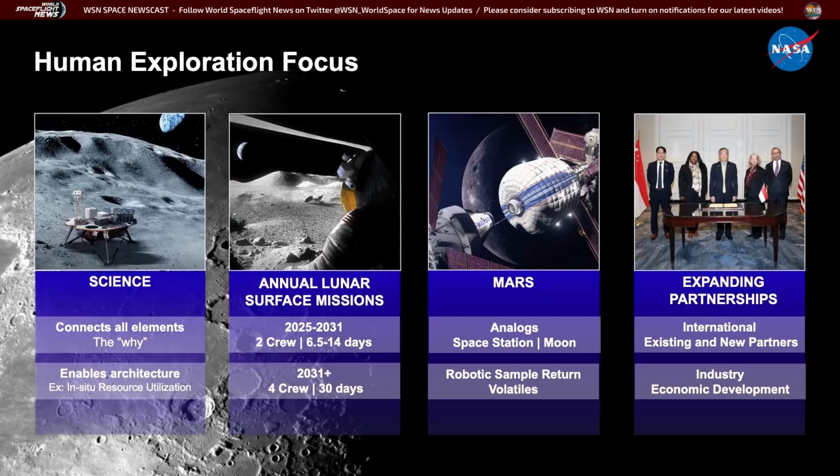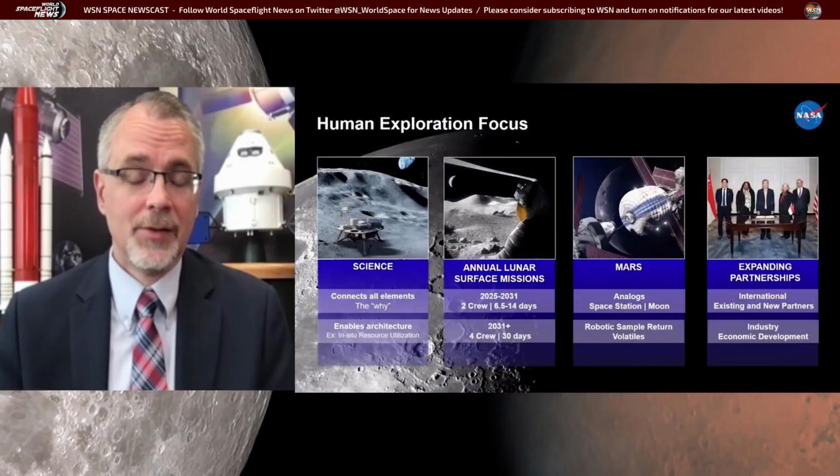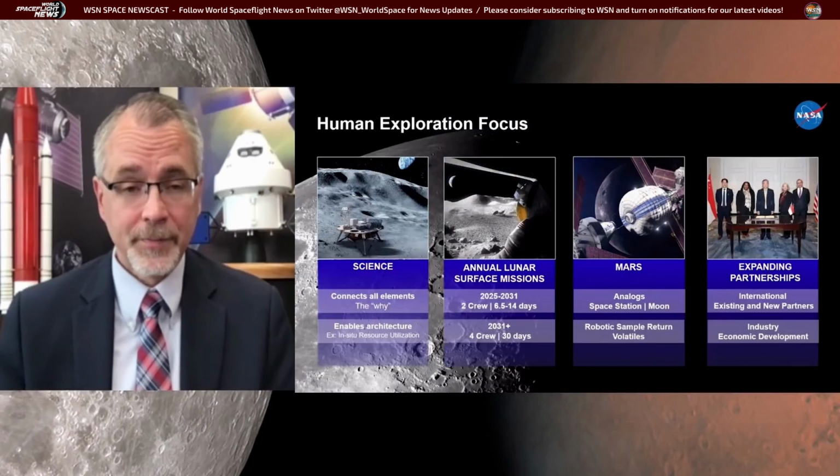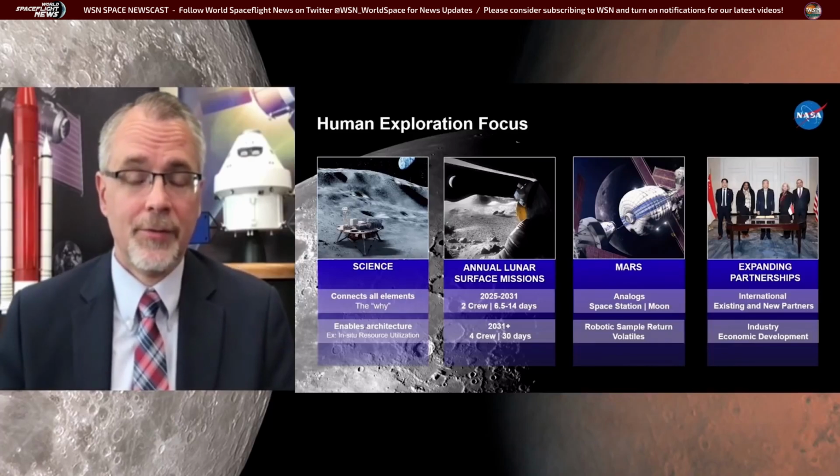Our architectures enable the science. For instance, in situ resource utilization. What do we need to take and where do we need to go to maximize, to get ISRU science back, and then also use ISRU as a tool on the surface to do further exploration and science gathering.